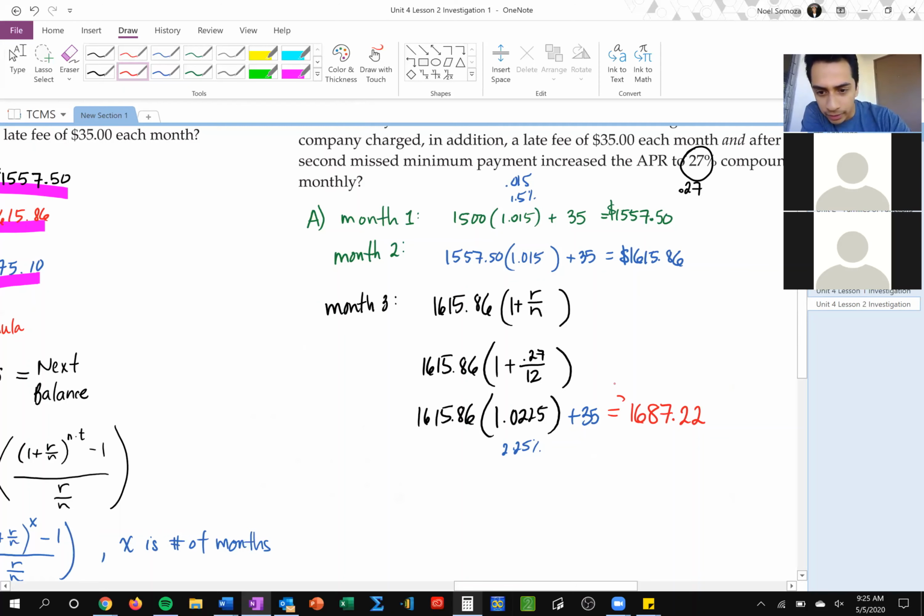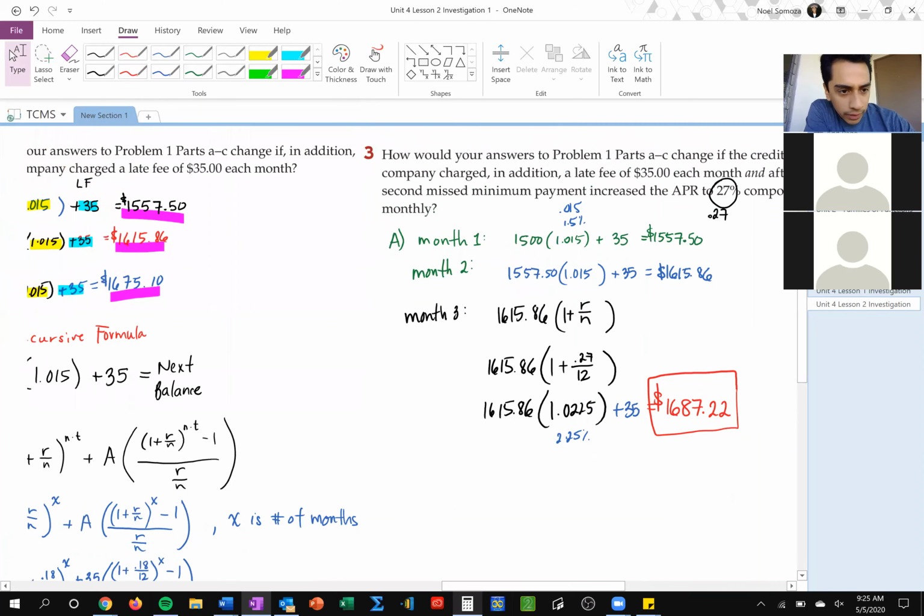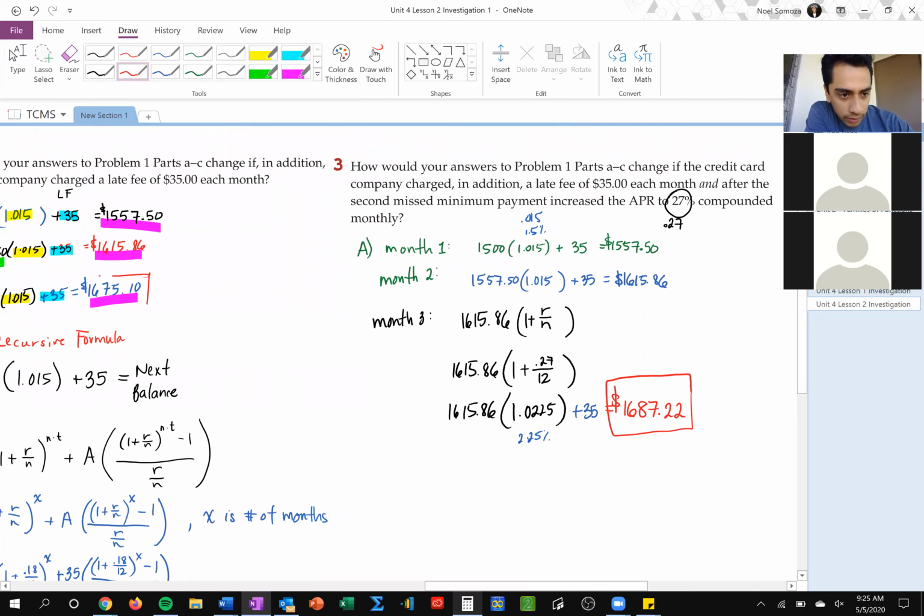Okay, so let's compare this value at the end of the third month with just fees. If you're comparing it to the last month from number 2, 1675.10 is what you would have owed if the APR had stayed the same.